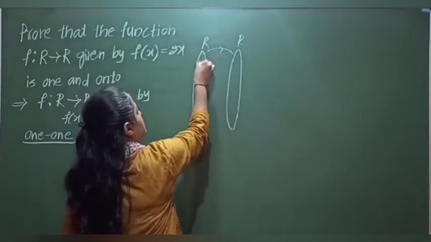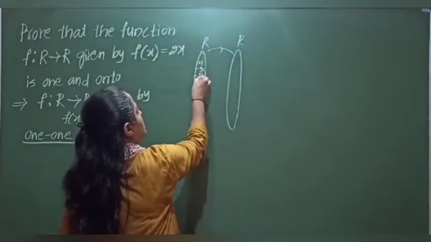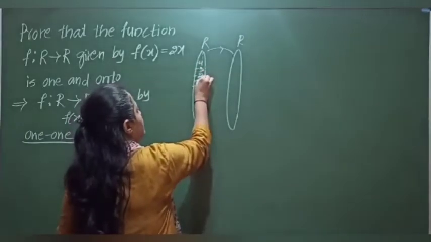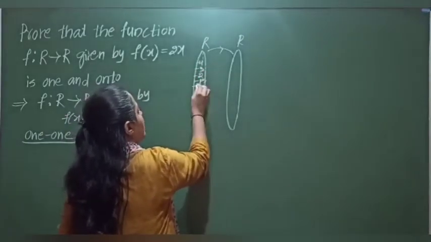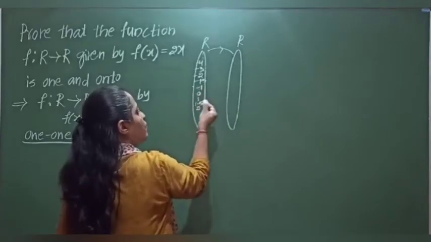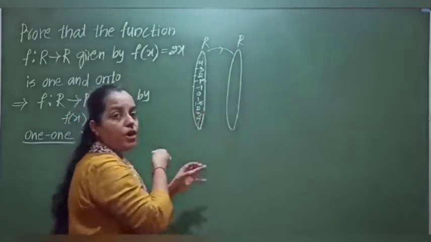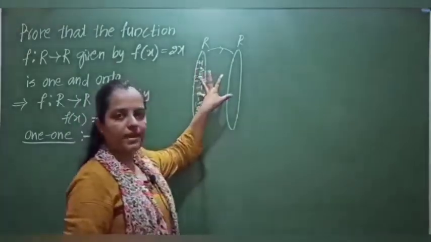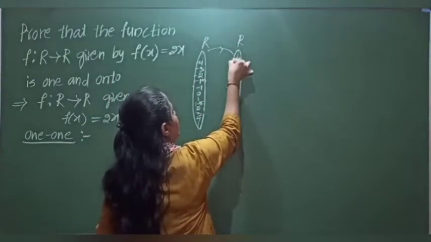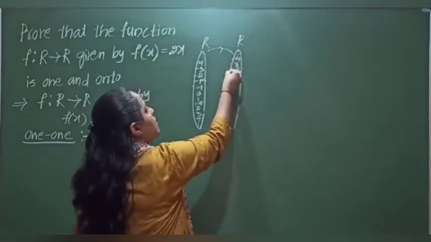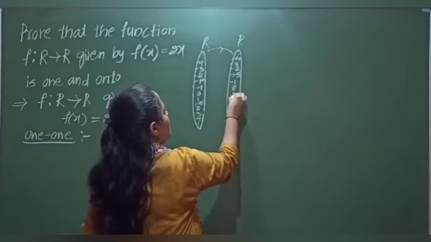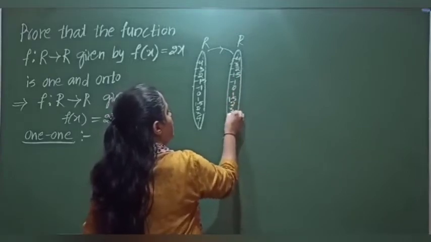So I'll take -4, -3, -2, -1.5, -1, 0, 1, 1.5, 2, 3, 4 on both sides.